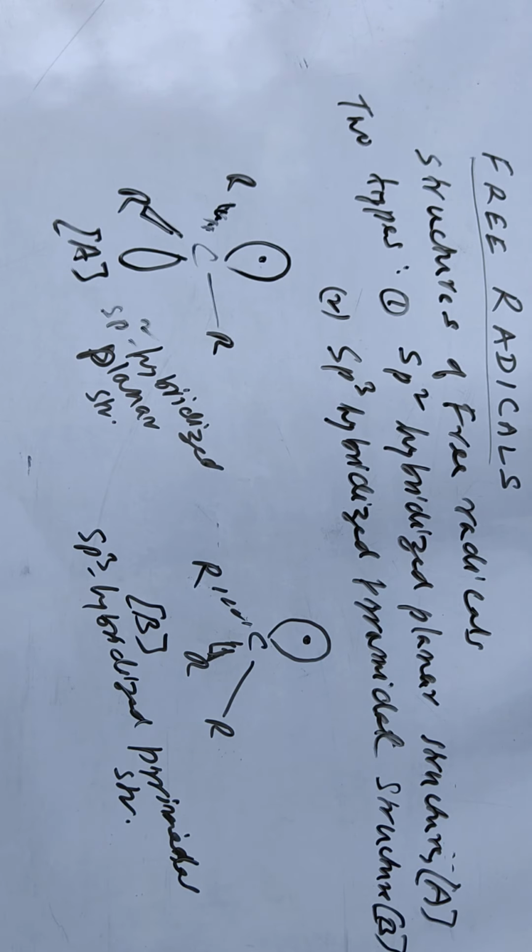So free radicals can have two types of structures. One is the sp2 hybridized planar structure. The second is the sp3 hybridized pyramidal structure.